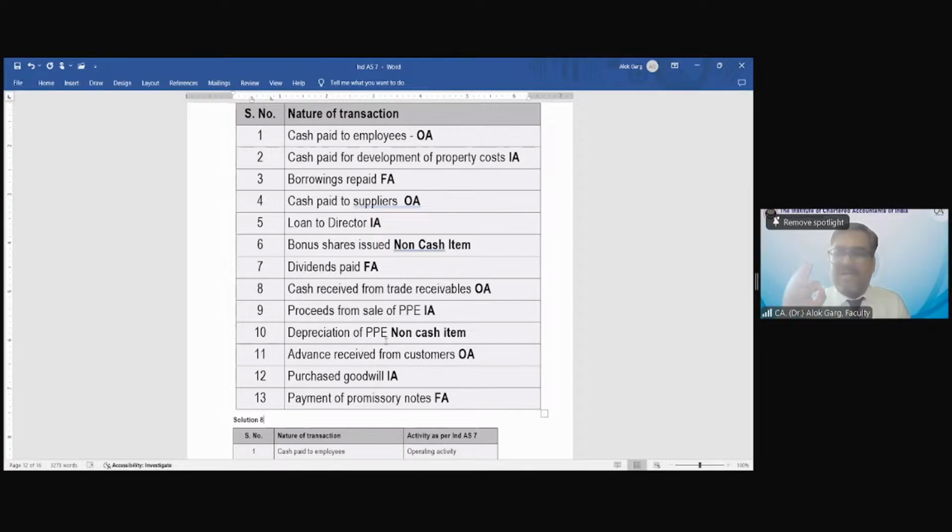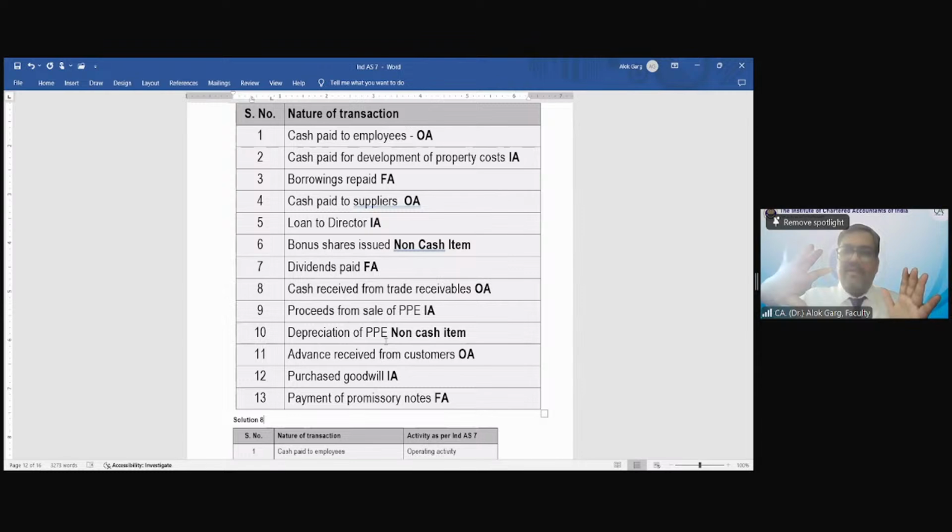The standard says that if the bank overdraft is used for working capital management on a day-to-day basis, then that bank overdraft will also form part of cash and cash equivalent. So whatever accounting standards say, don't get into the parlance of income tax or law, otherwise you will make a mistake in the exam.